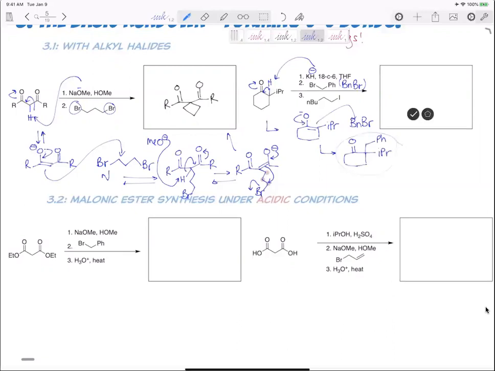Okay, and then if I were to treat this same step again, do you notice that even though it's thermodynamic, there are no longer any other alpha hydrogens available on the right? So what do you think the base would be forced to do? It will be forced to take away the one on the left, right? So this is where order is going to matter a lot.